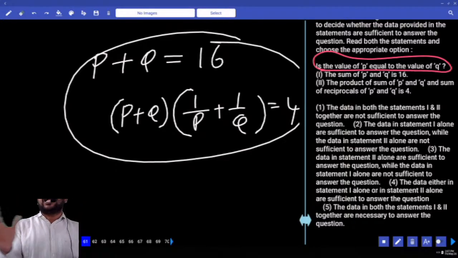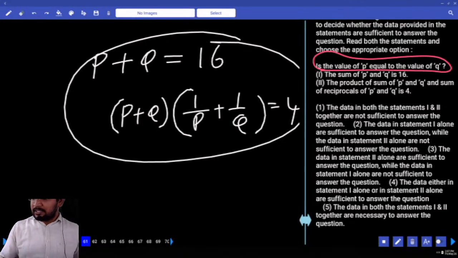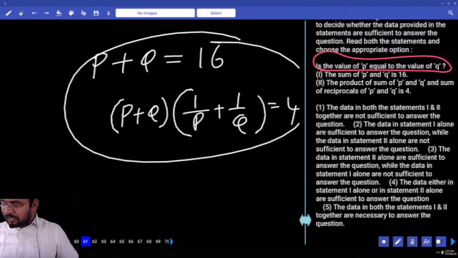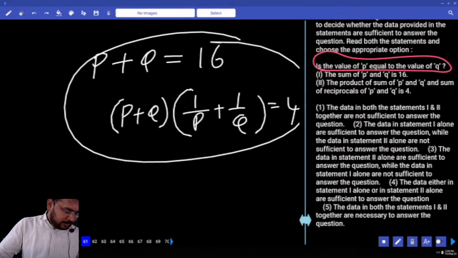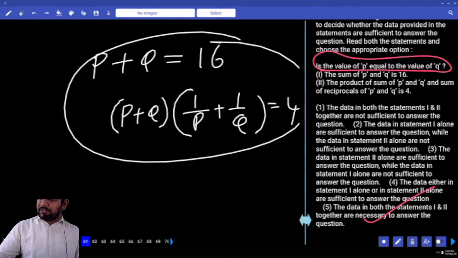Equal or not? But is a decision possible? Yes, and both are equal. So which option? Both statements are required, the fifth option.